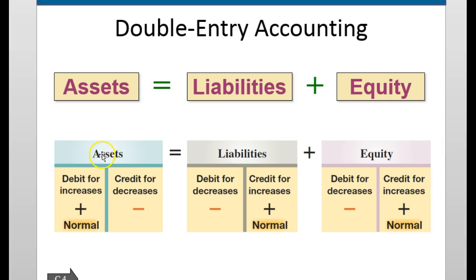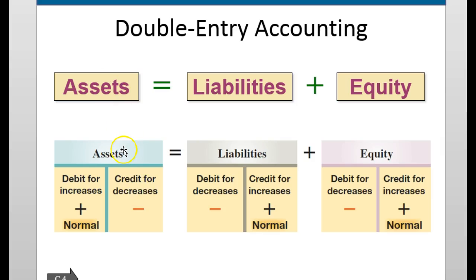For an asset, that means on the left-hand side of an account when you enter a business transaction, that is a debit. On the right-hand side of an account, that is a credit. If you can keep that straight, just remember left equals debit, right equals credit.